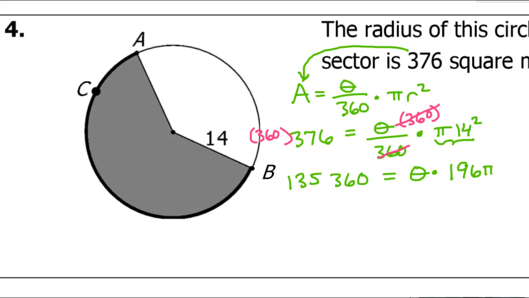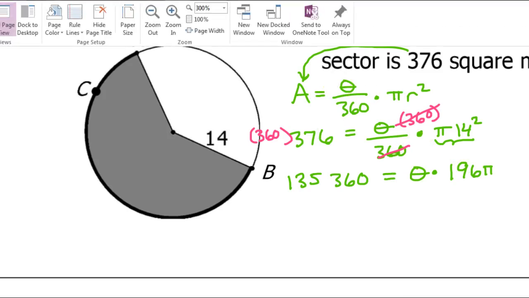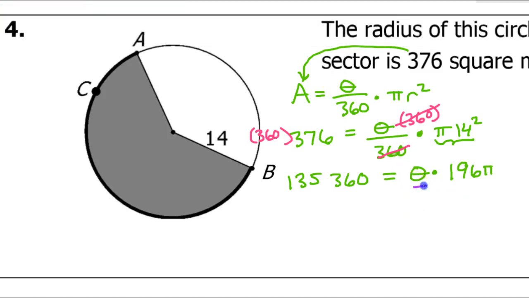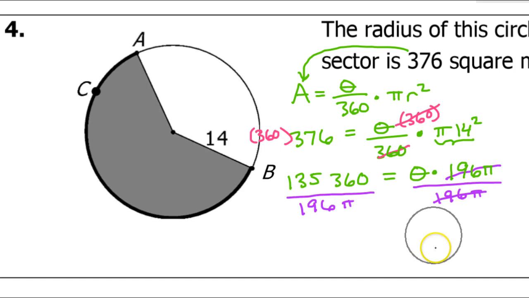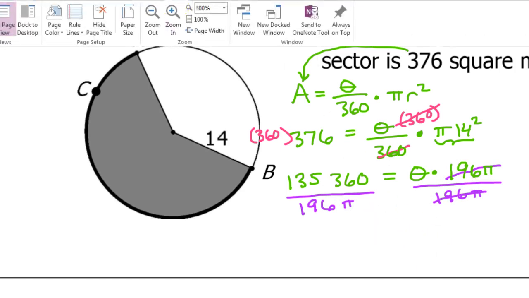So to get theta by itself, it is time to divide both sides by 196 pi. That will get theta all alone. And really, that should give us the final answer.